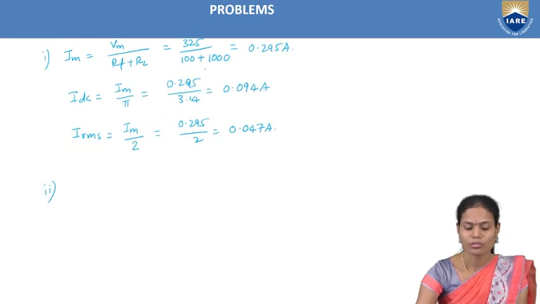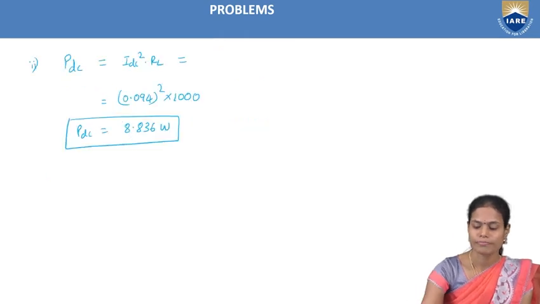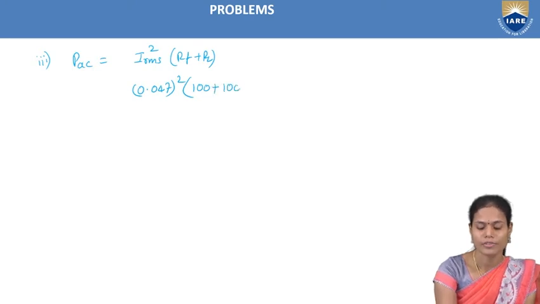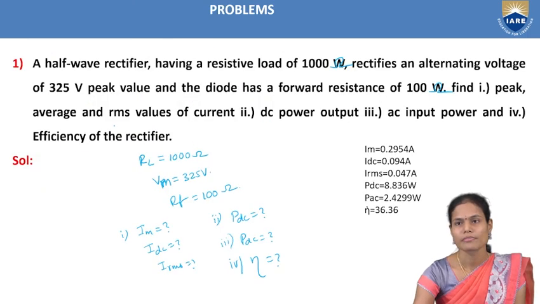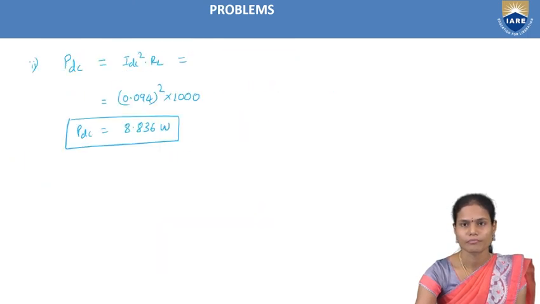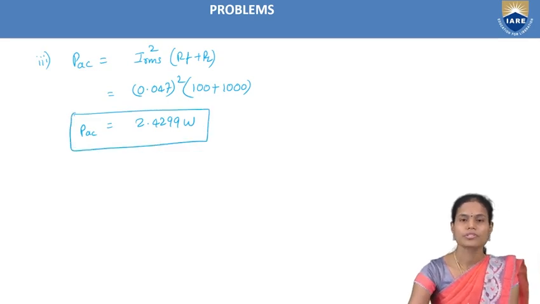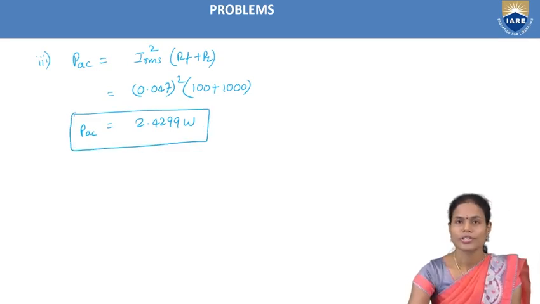So the IRMS value we got here is 0.047, whole square, into RF is 100 plus RL is 1000 ohms. If we simplify this one, we will get 2.4299 watts. So this much AC power is delivering to the circuit.